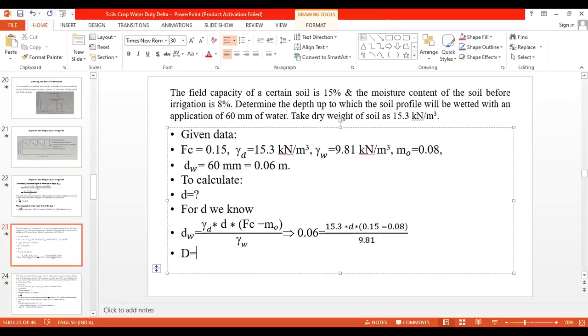Small d is equals to, let's do the calculations so that you will get the answer. I will also do side by side. 0.06 into 9.81 upon 15.3 upon 0.15 minus 0.08.